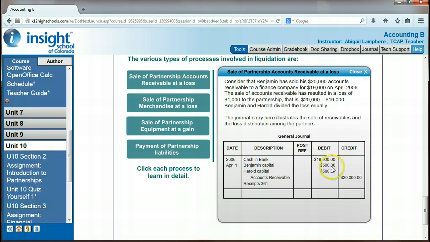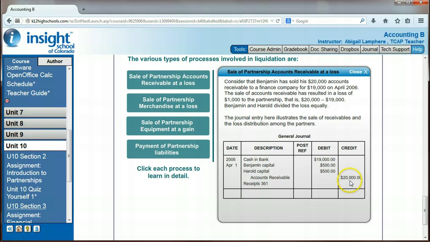So we are debiting the capital account for $500 and debiting Harold's capital account for $500. And then we are crediting our accounts receivable. Our accounts receivable is getting paid off because of this finance company buying $19,000 of it, and our two partners pitching in at $500 apiece, which completely pays off that accounts receivable.